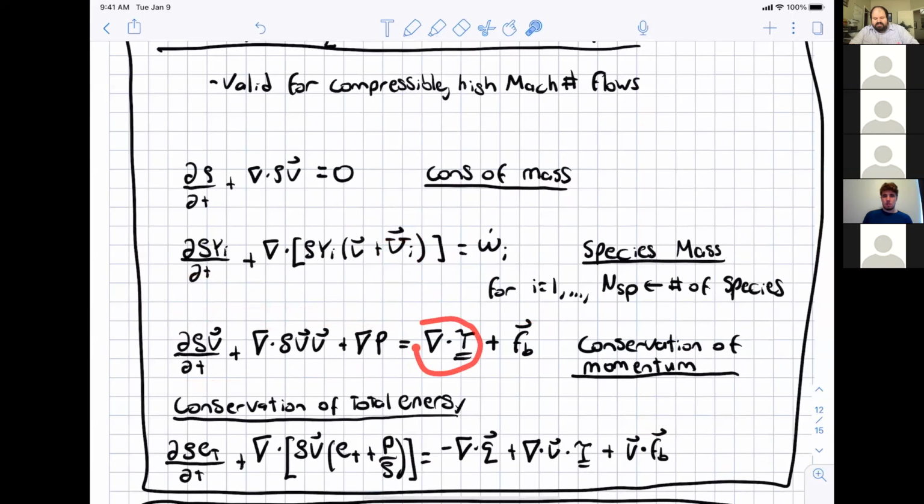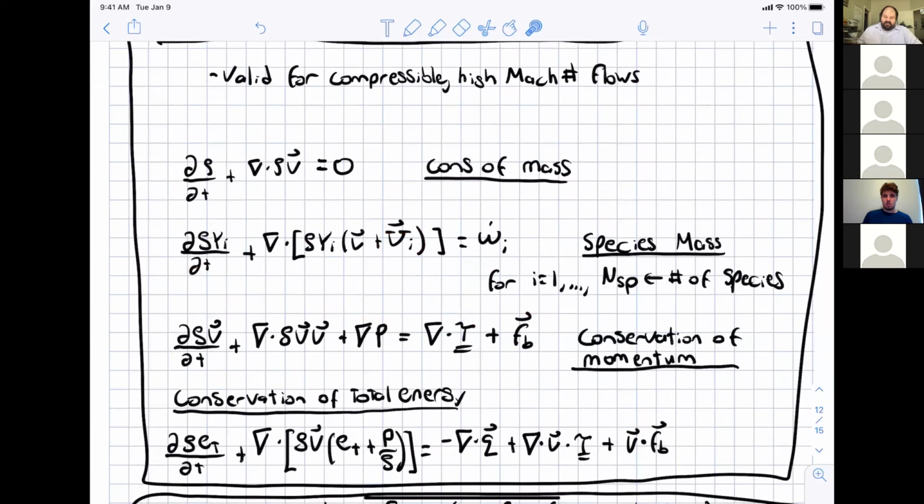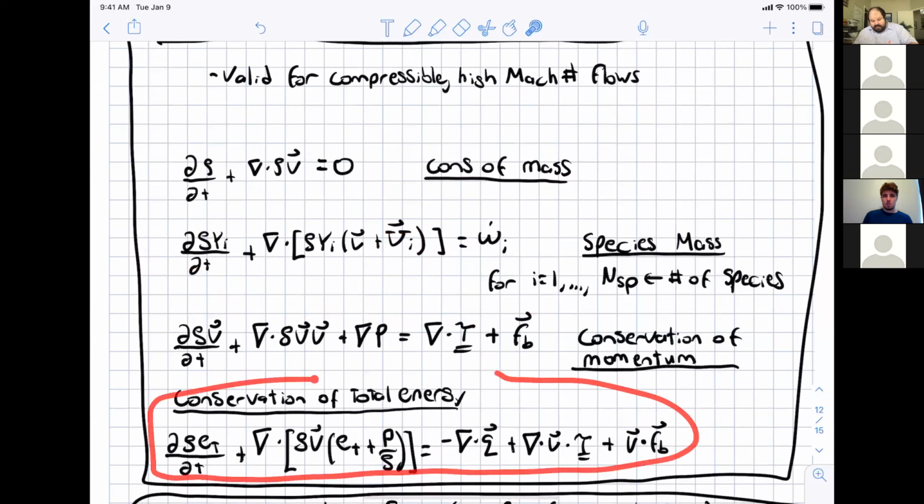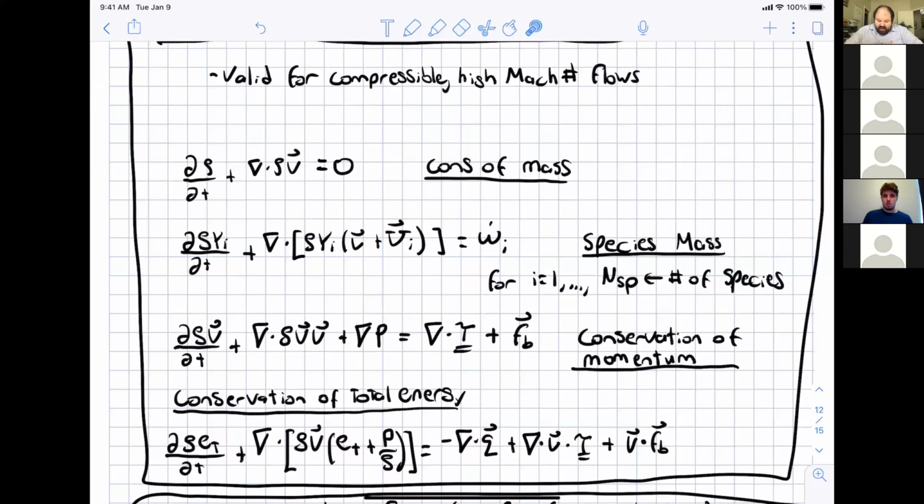You just have a completely different stress law. And then we have conservation of total energy right here. If you solve these and handle these terms right here, you can now simulate, or basically model, reactive flows. That's just a summary of the governing equations.